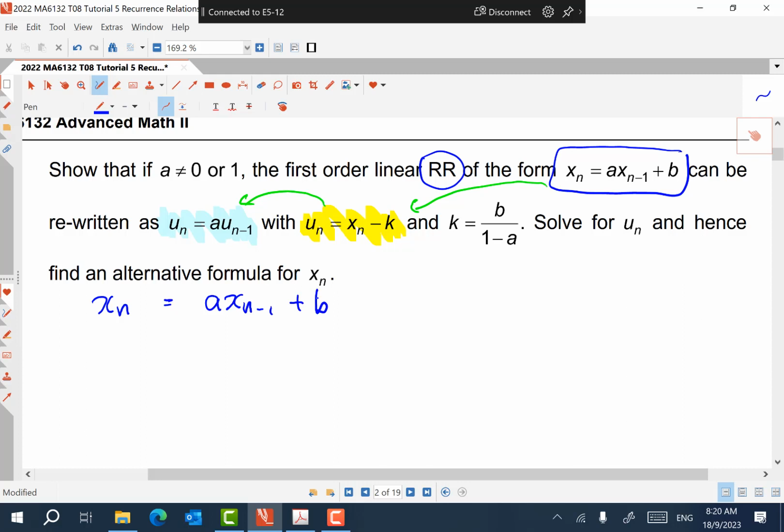Okay, and then based on this yellow patch, I will write down my xn as un plus k, and then what is my xn minus 1? It will be un minus 1 plus k.